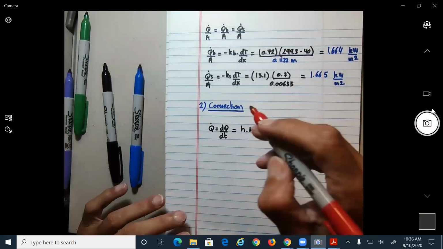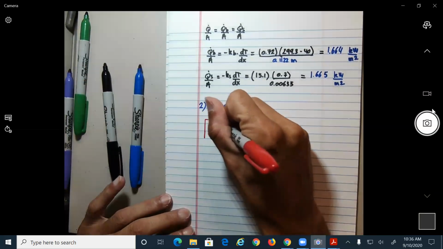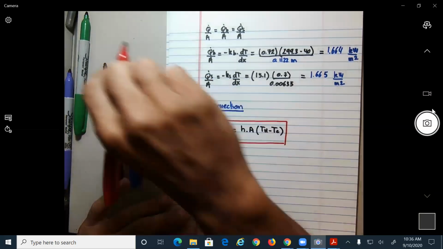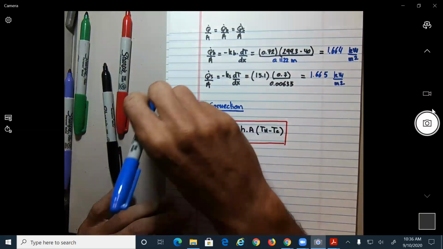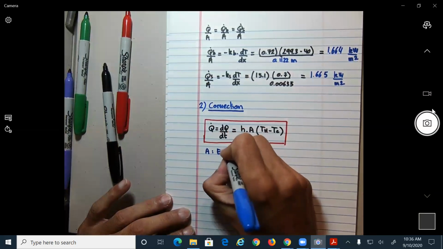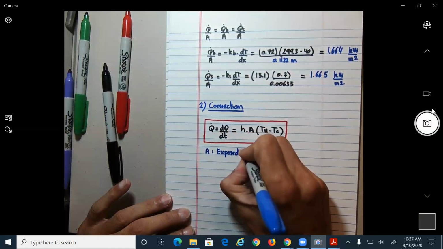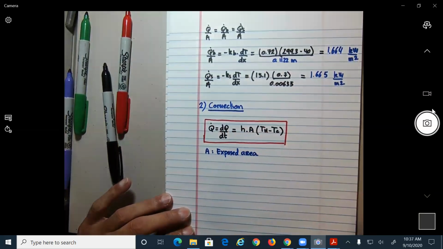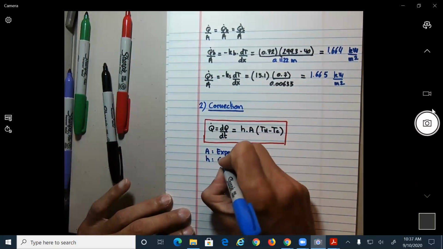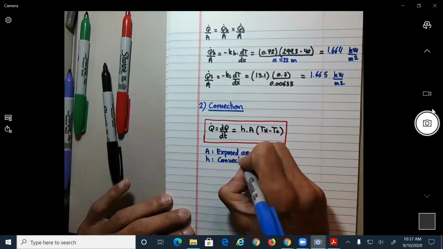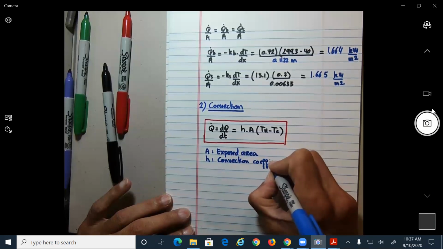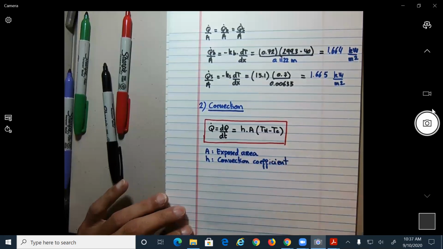So this is really the equation, where A, again, would be the exposed area, and h is the convection coefficient.